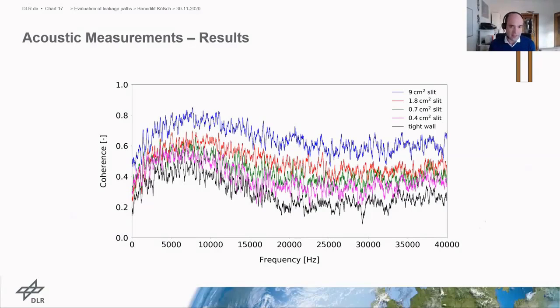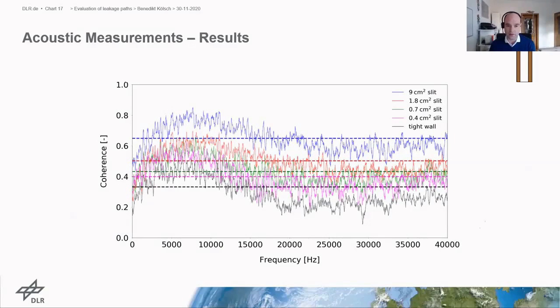For an easy first evaluation, we just took the mean value over the whole frequency range for all these slit configurations, and we see a clear difference between all of these investigated wall structures. In order to reduce the impact of the tight wall and the sound transmission through the structure itself, we took for the subsequent analysis just the difference between a measurement with an opening and the same wall construction without any opening.